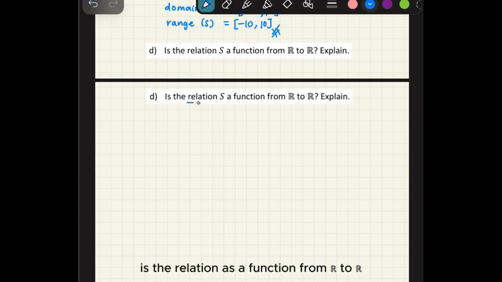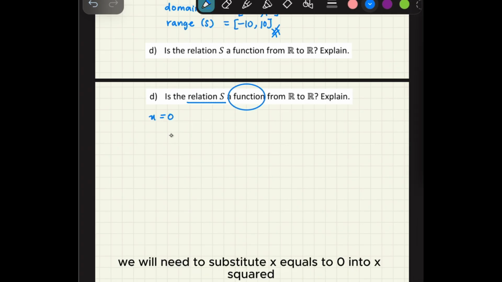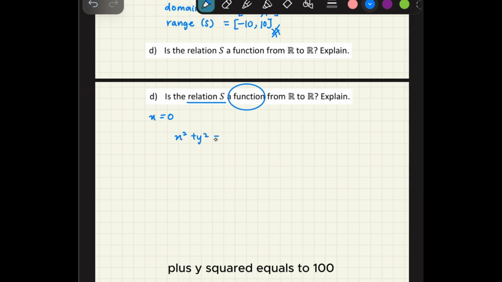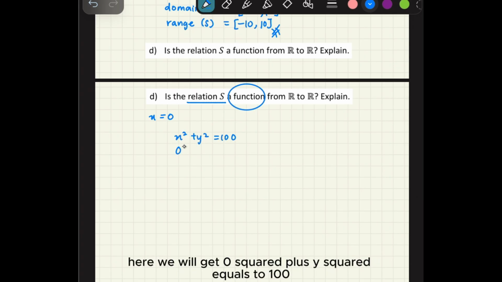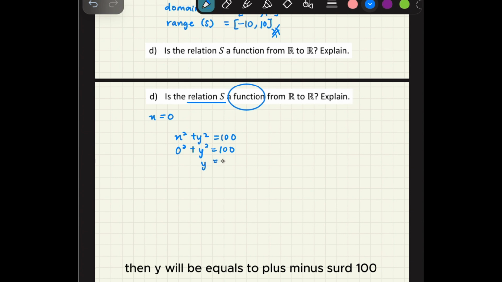Lastly, for question D, is the relation S a function from R to R? We can try to consider x equals 0. So we substitute x equals 0 into x squared plus y squared equals 100. Here, we will get 0 squared plus y squared equals 100. Then y will be equal to plus minus the square root of 100, so y equals negative 10 and 10.